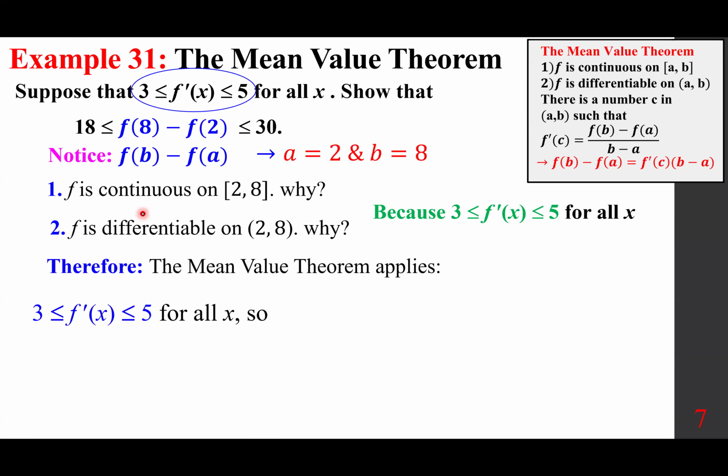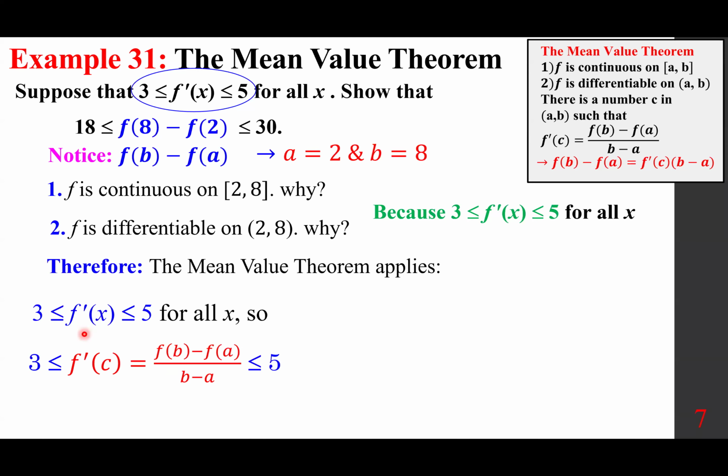Again, I'm going to emphasize that f prime is between the two values for all x. So if that is the case, f prime of c is also between 3 and 5. And f prime of c is f of b minus f of a over b minus a.